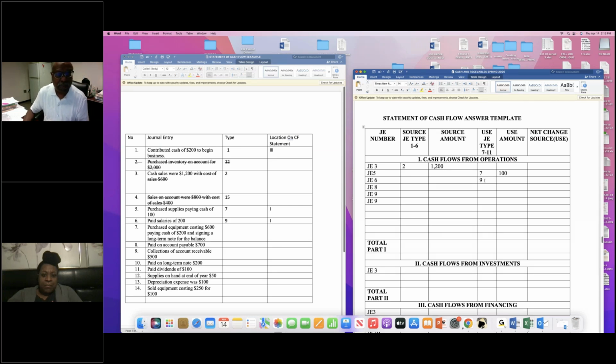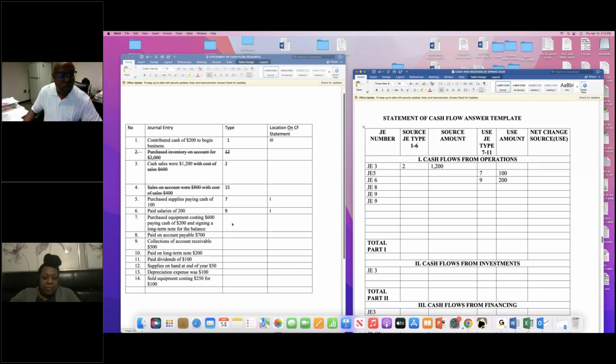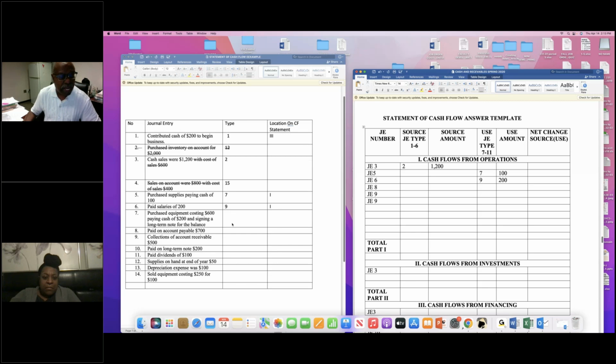Then we come to number 7, where we purchase equipment costing 600, paying 200 down, and signing a note for the balance. So what we're going to say here is that we have 2 things occurring.